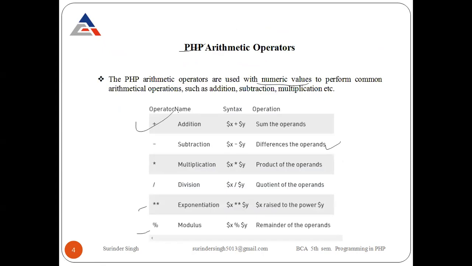Actually, when we are using operators, we have a point of precedence, or we can say priority. Okay, like addition has low priority, subtraction also has low priority, multiplication has high priority, division also has high priority, and modulus also has high priority.